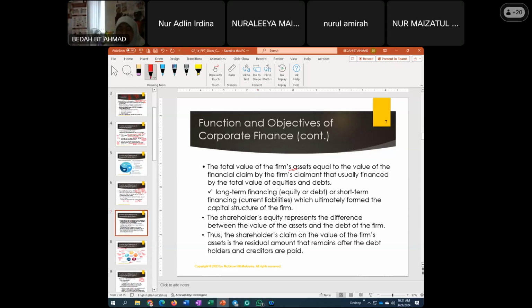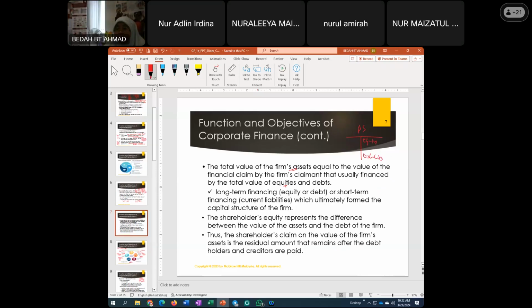This party usually finances your investment via equities and debts. The long-term financing consists of the capital market, shareholders, ordinary shares, preference shares, or debt like bonds, debentures, long-term loans, or short-term financing, current liability. And these form the capital structure of the firm. So as I said just now, on the balance sheet you have equity and you have liability.